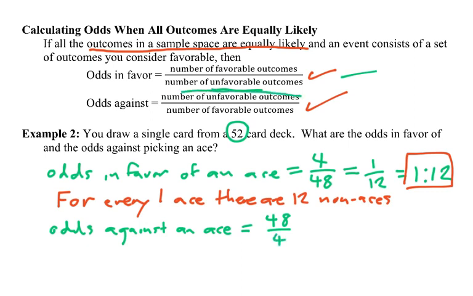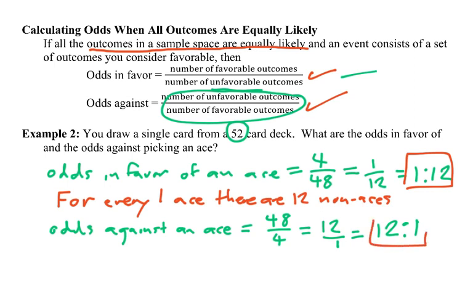So that's building very much on just that informal definition there. 48 over 4. Now 4 goes into 48 exactly, and you get a 12. But you really want to think of that as 12 to 1 if you're going to write it in this ratio format. The odds against an ace would be 12 to 1.